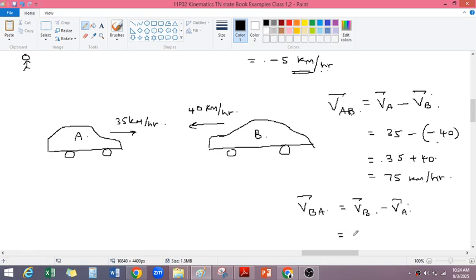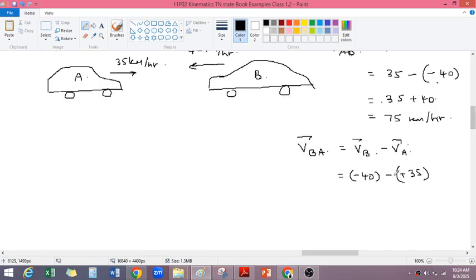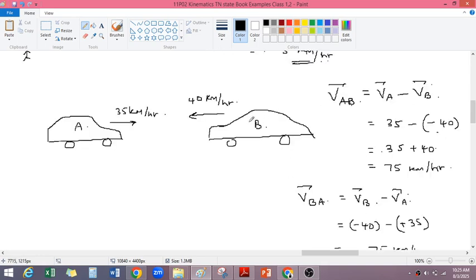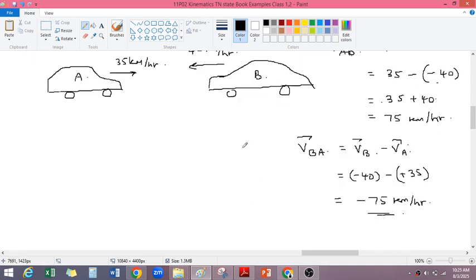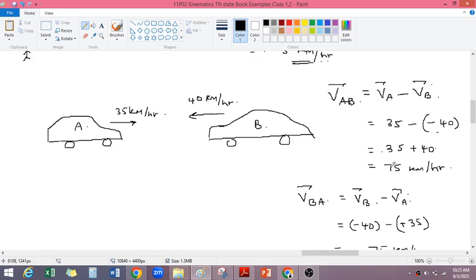VB is minus 40. VA is plus 35. So minus into plus will be minus, so it will become minus 75. What this means is B is moving away in the negative x direction, whereas A is moving away from B in the positive x direction.